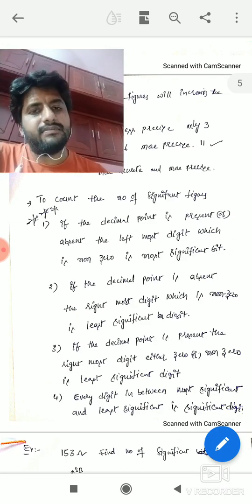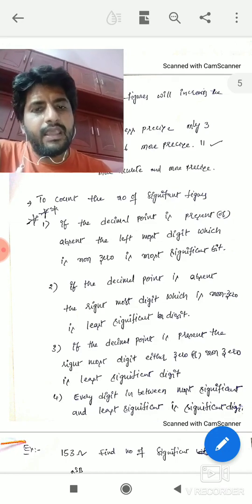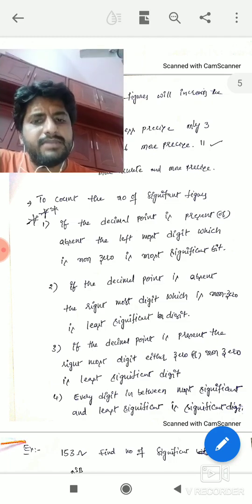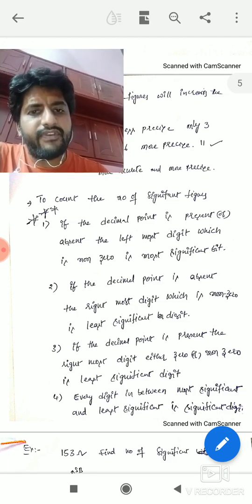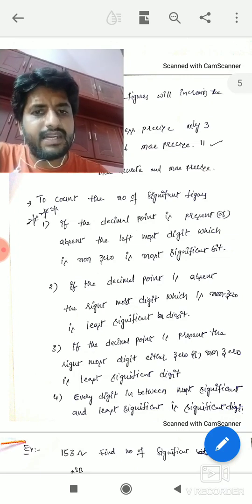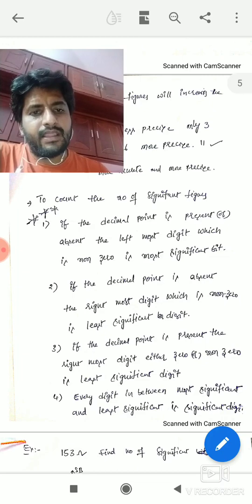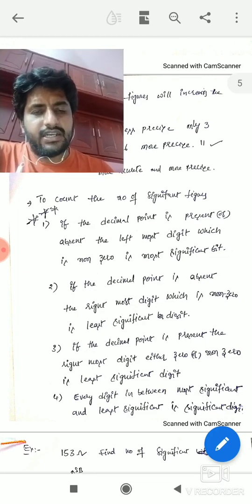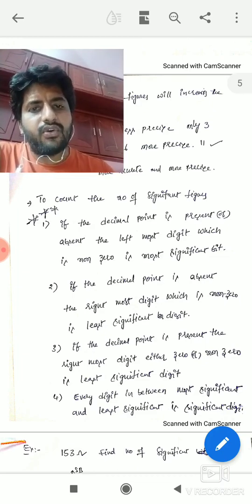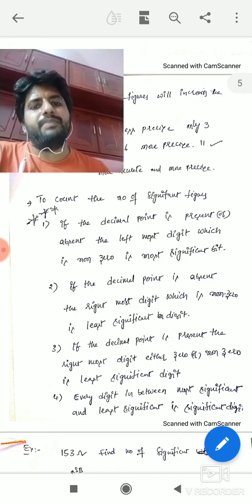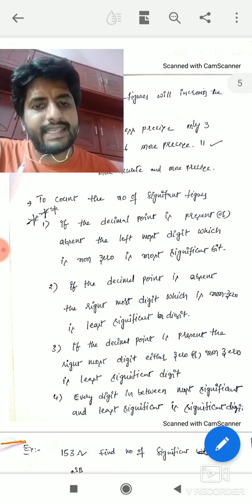First I'll read the rules, then go to the example. If a decimal point means the point value, like 153.6, the point is nothing but a decimal. If the decimal point is present or absent, the leftmost digit which is non-zero, we call it the most significant bit.